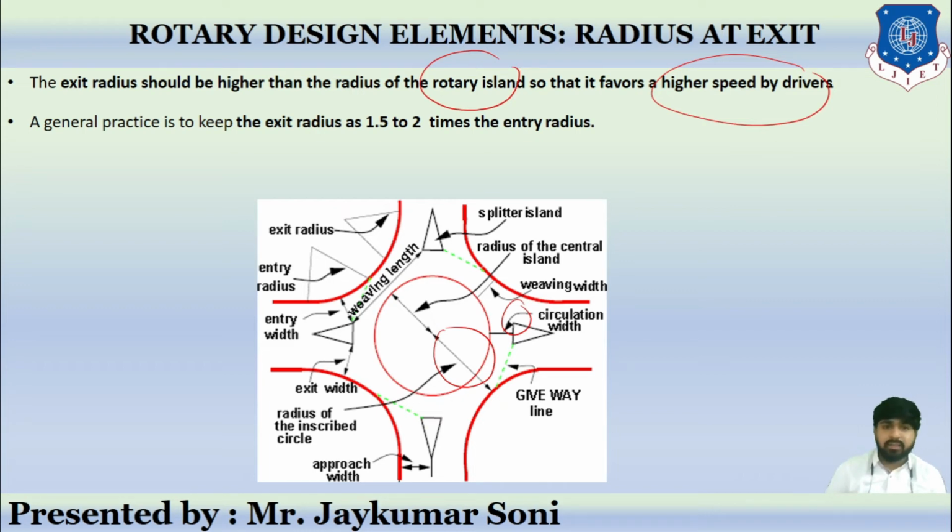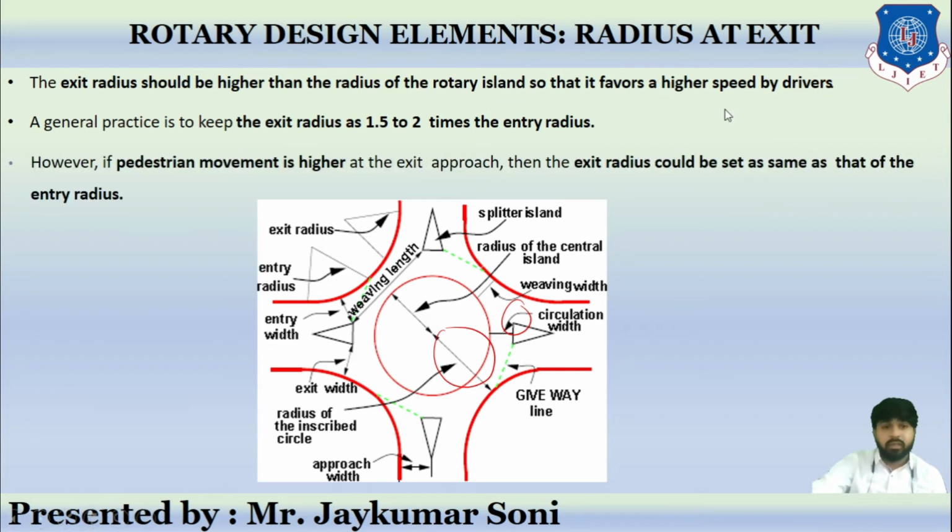General practice is to keep the exit radius as 1.5 to 2 times the entry radius. However, if pedestrian movement is very high at the exit approach, then it should be the same as that of the entry in order to keep the movement of pedestrians alive.